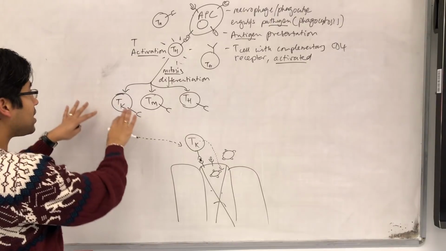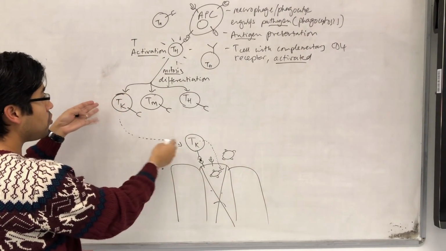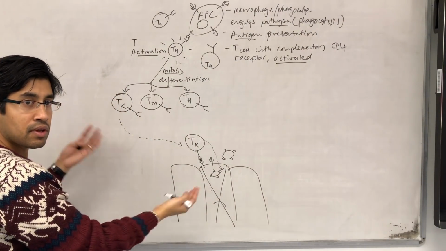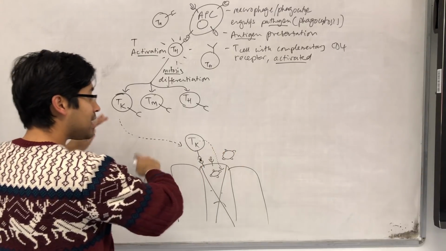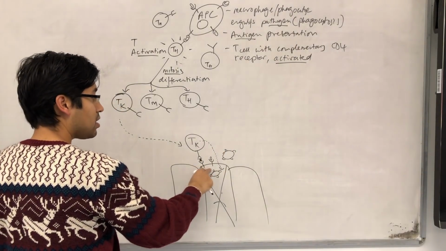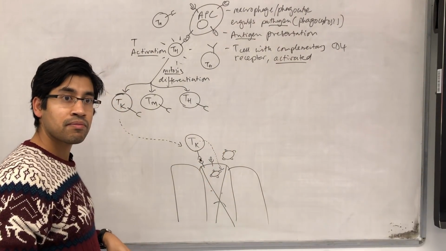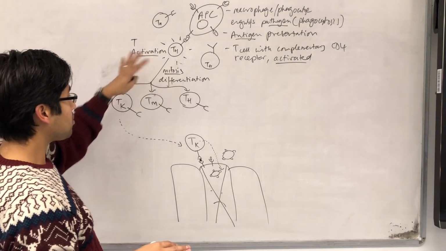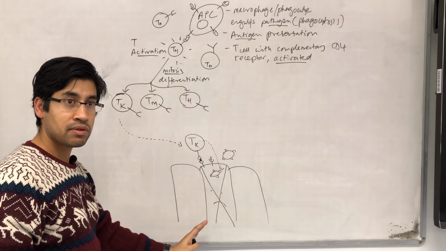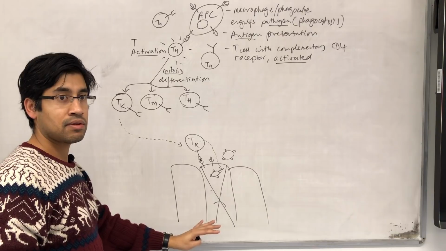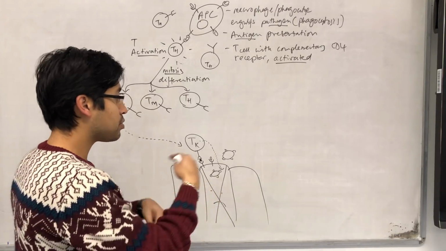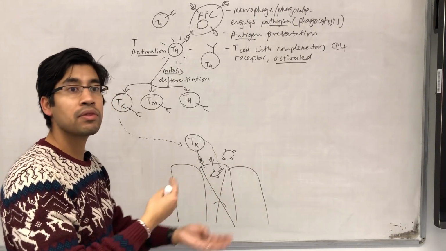I'm just showing you one, but there are thousands of these cells moving through the body, identifying any cell infected with this pathogen and killing it. And remember that's the job of the T cell branch, to kill infected cells, so that these infected cells could not be factories for more pathogen.